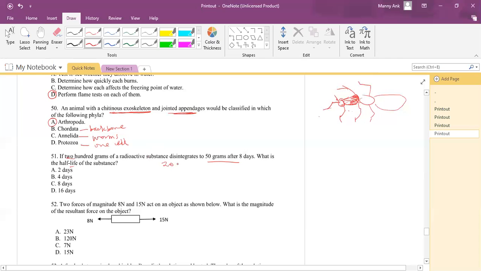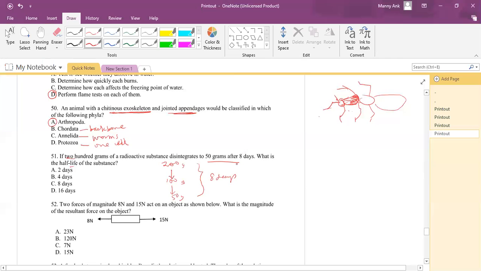So if we start with 200, we can do this arithmetically. Break it down: first half-life, half of this will be left, so I have 100 grams left. Another half-life, you have 50 grams left. Half of what you started with will be left. And all this took 8 days.